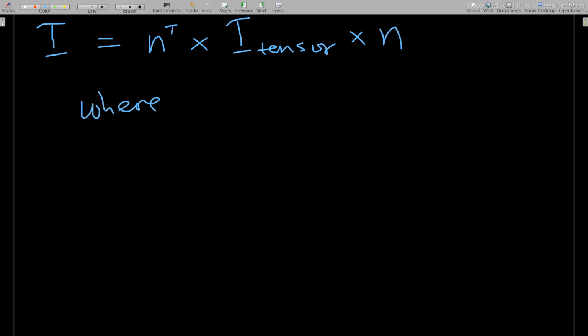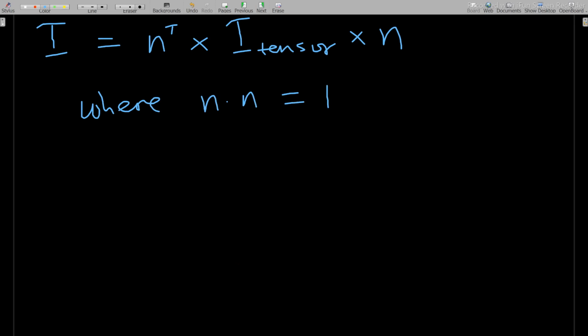Let me write the formula for you. Using the inertia tensor, this is how the formula looks. The moment of inertia I should be equal to n transpose, times, this is a normal multiplication, the inertia tensor times n, where n dot n is equal to 1.